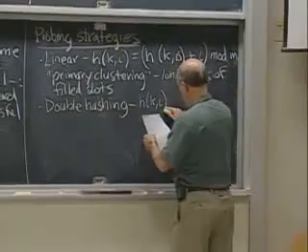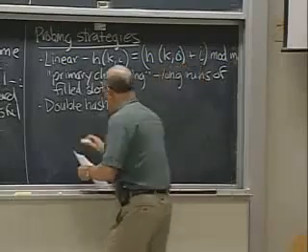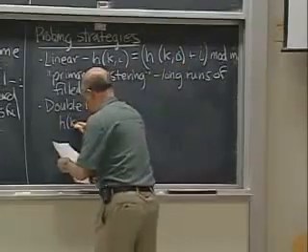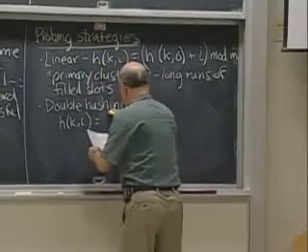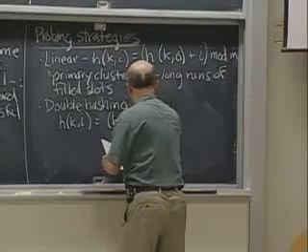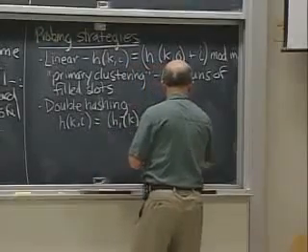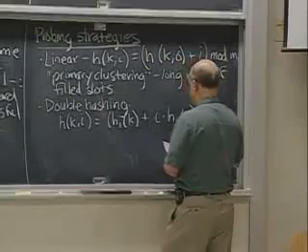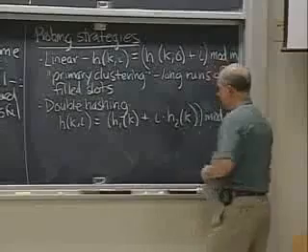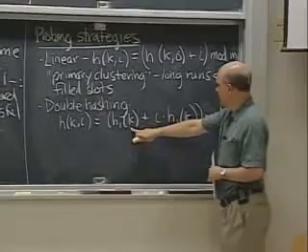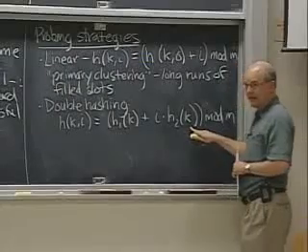Where you let h of k comma i equal h1 of k plus i times h2 of k, mod m. So you have two hash functions, h1 of k and h2 of k.